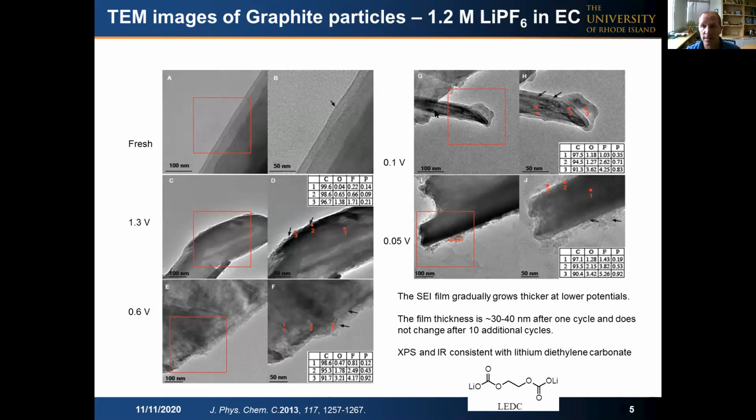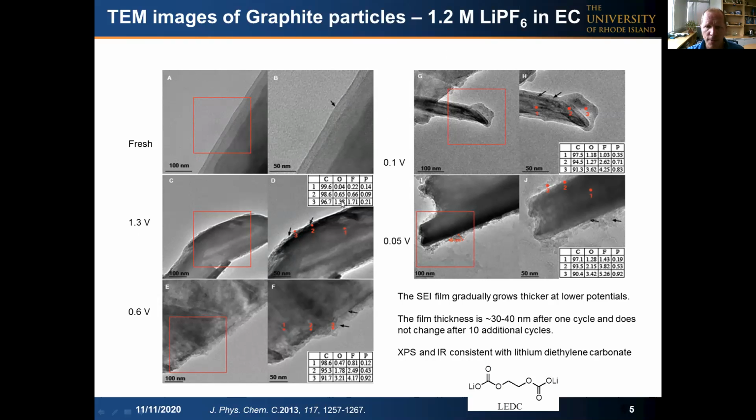And what you can see is an example of TEM images of graphite anodes extracted from cells as we slowly start to drop the potential on the first charging cycle. We start off with this nice, crisp, clean edge of graphite. And as we drop the potential to 1.3 volts versus lithium, where we start to generate an SEI, we start to see a film on the surface of the graphite.